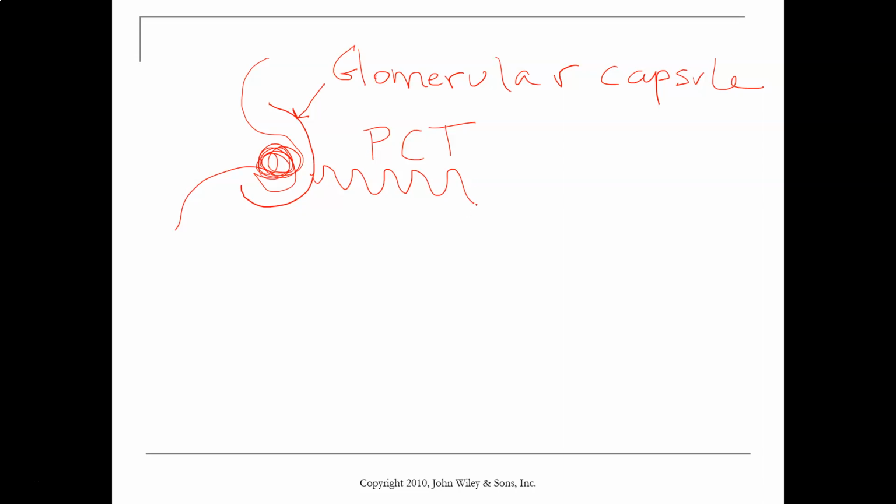But before you get to that, there is a hairpin loop. This is the part that's different in the two tubules we just talked about. If it's really long, goes down into the medulla, it's the juxtamedullary nephron. If it's shorter, it's cortical. So that's called the loop of Henle.